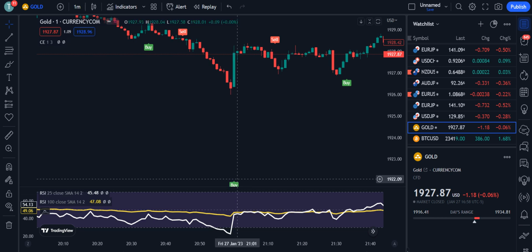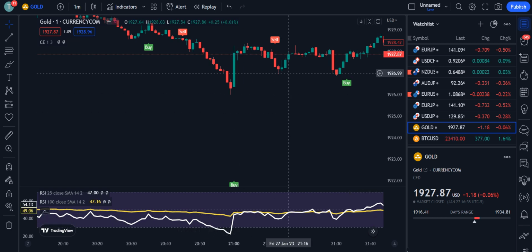If we are getting this buy signal here, it means we are going to have the buy signal, and you have seen a big candle appeared after this buy signal, and from here our market has taken trend reversal, and as it takes the 25 RSI line, then we have to take the trade for the buy signal.